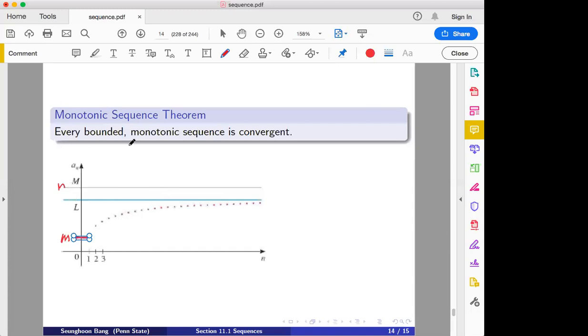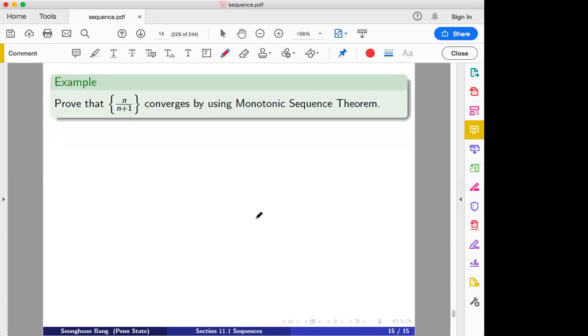Bounded means bounded below and above, with two numbers. What happens? It just increases and is bounded above, so it approaches some number. This is always convergent. Now, prove that n over n plus 1 converges by using the monotonic sequence theorem.